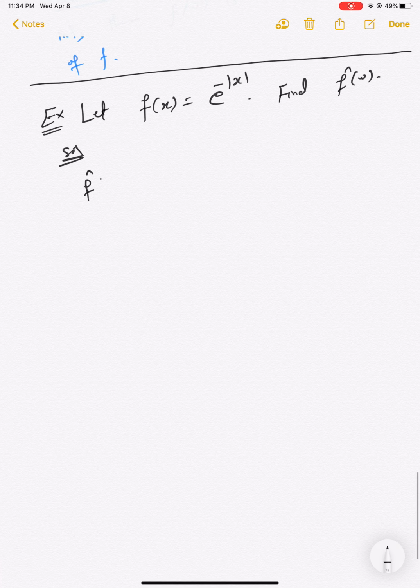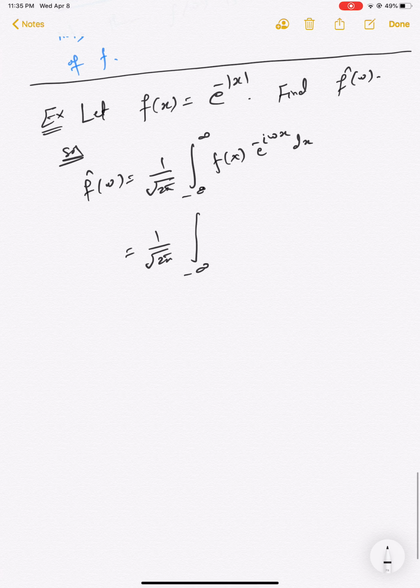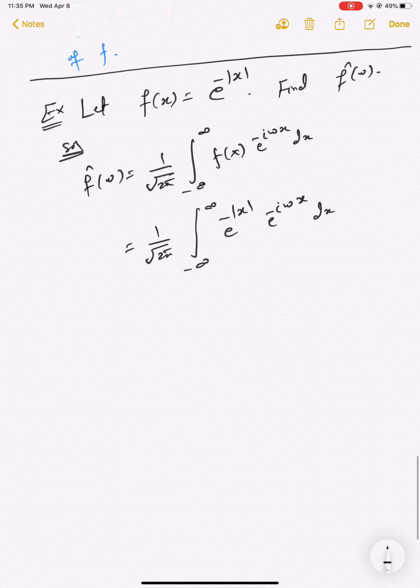I want to find f hat of omega, which is, by the standard definition, 1 over root 2 pi, the integral from negative infinity to infinity of f of x e to the minus i omega x dx.